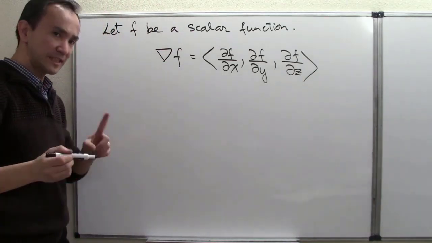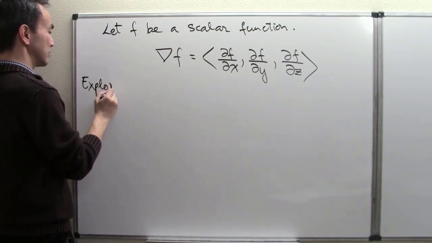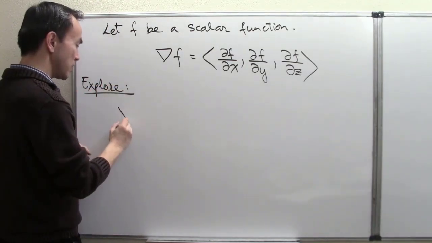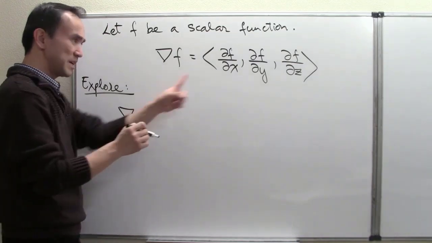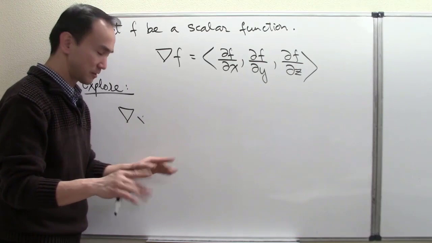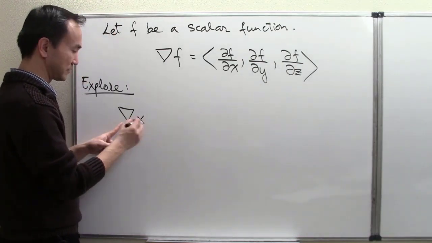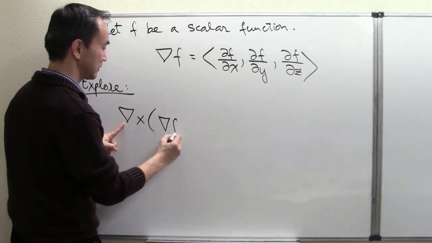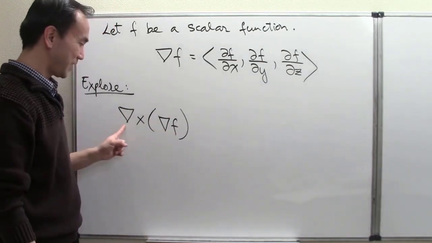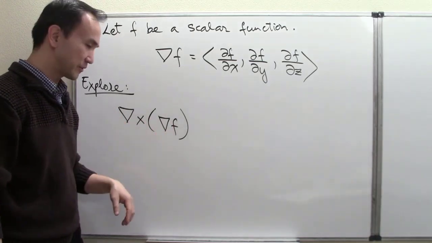But now let's explore some more consequences. Being a vector field, we are legally allowed to find the curl of this gradient vector field.